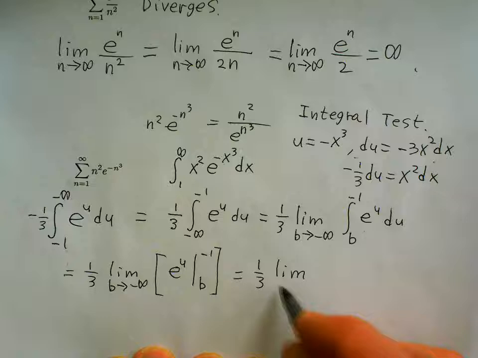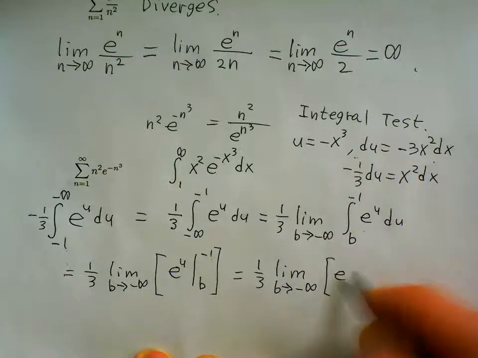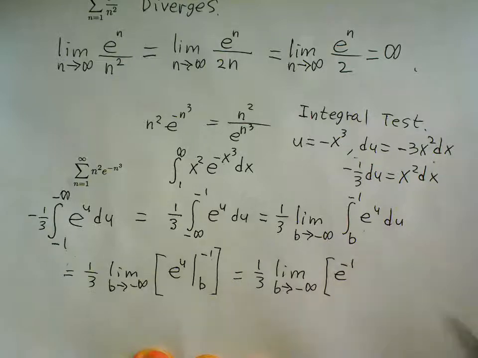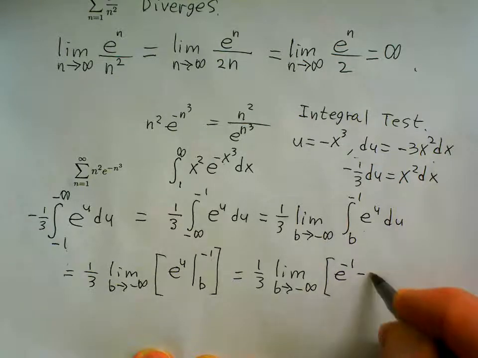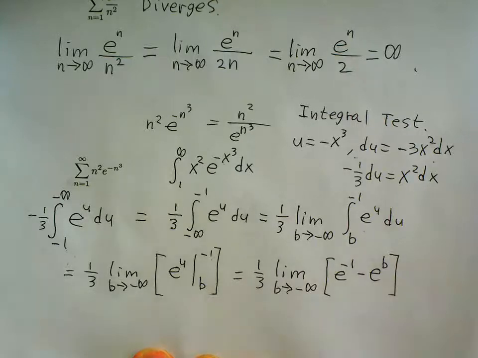So we're almost done. So the upper u value is negative 1, so we have e to the negative 1, and then minus e to the b. Well, as b approaches negative infinity, e to the b approaches 0.